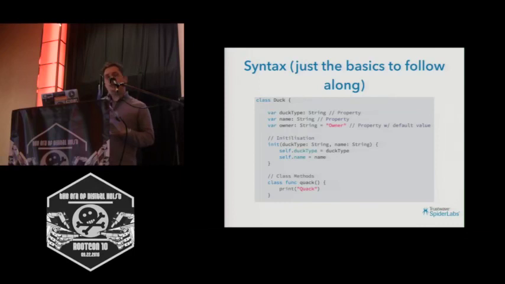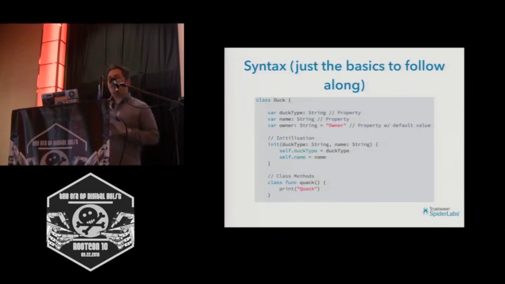Then you've got your initialization method, which is just init, and then your parameters. Being a compiled language, if you don't either set a default value or initialize all the values that you need to initialize, then you'll get an error. So it's taking the duck type and name because we didn't give them a default value.